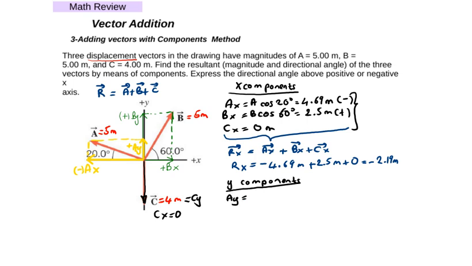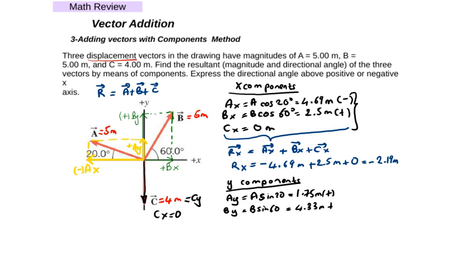Similarly, I find all the y components and list them. Ay will be A sine 20, and that will give me a value of 1.75 meters. That's positive, I decided already.